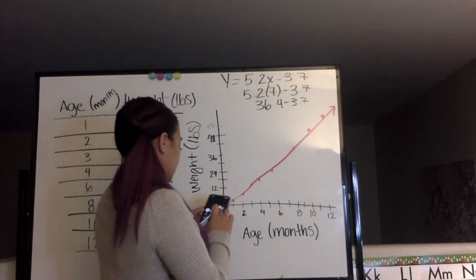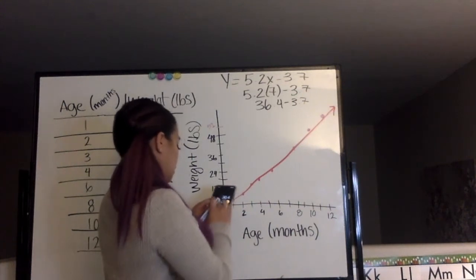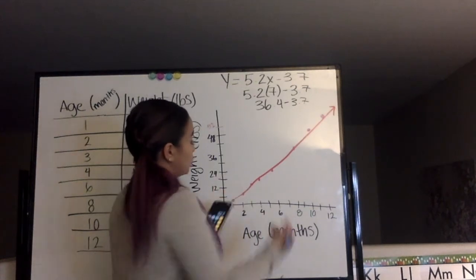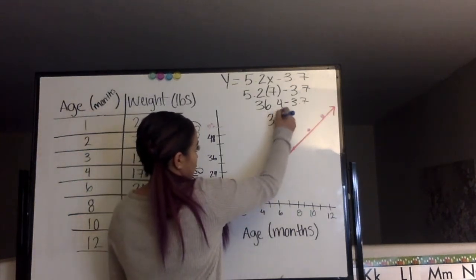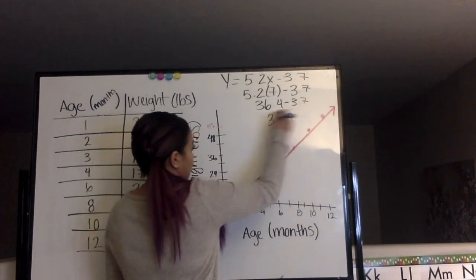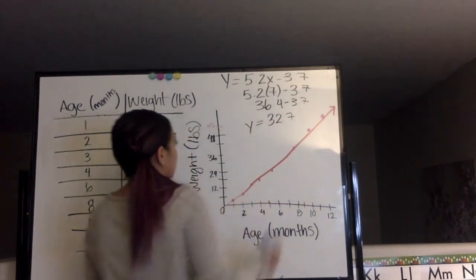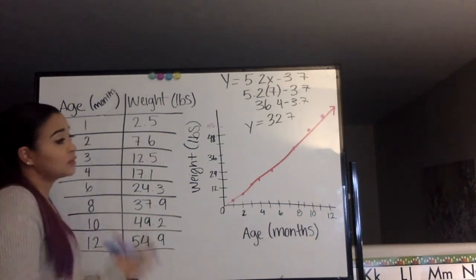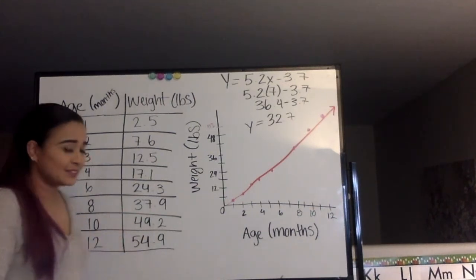Again, you can use your calculator. That is 32.7. So at 7 months, our panda bear will weigh 32.7 pounds.